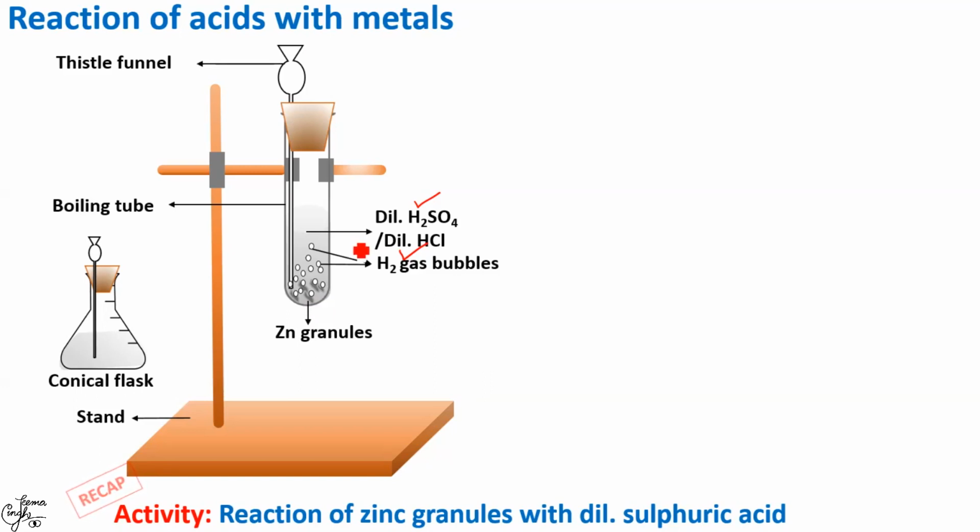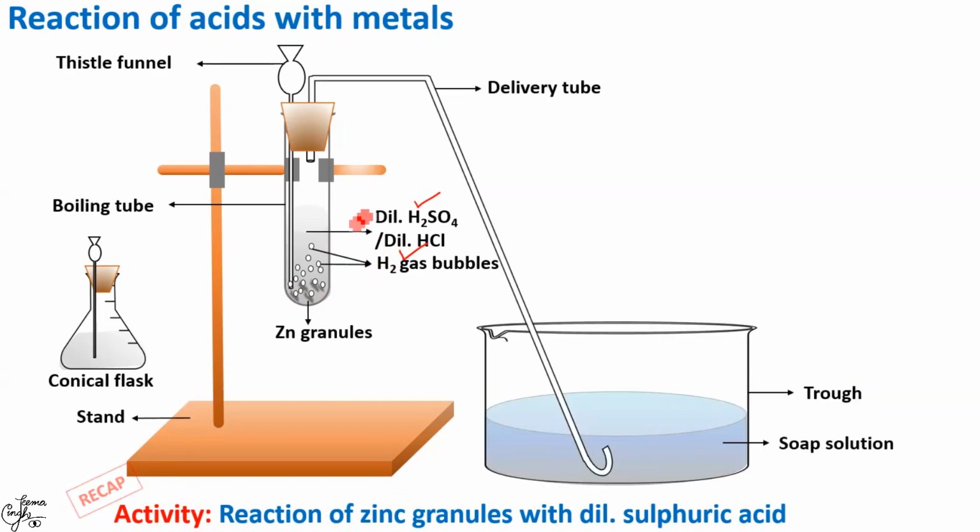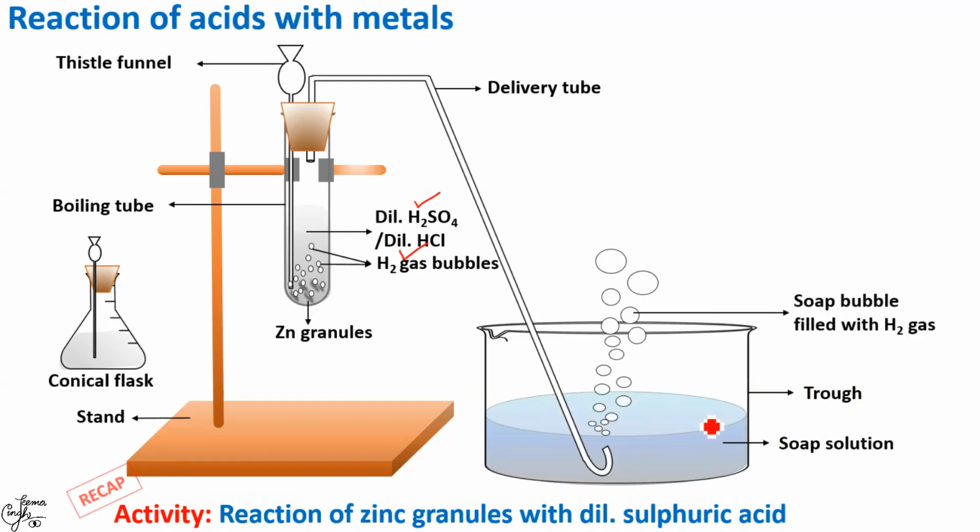To test the gas, or to find out which gas is evolved, we pass the gas through a delivery tube into a trough containing soap solution as shown in the figure. But remember, it is not necessary to take soap solution. For more details on this, you can refer to the video on reaction of acids with metals.